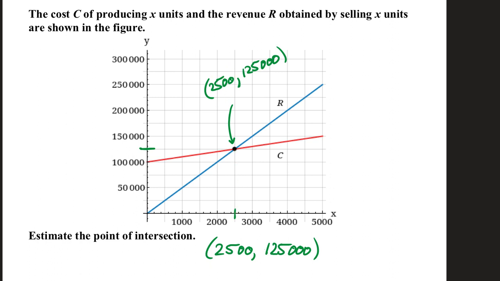That's accurate. The Y value, if we come over here, that's halfway between 100,000 and 150,000. So that appeared to be 125,000, and we all agreed on that. So our point of intersection is 2,500, comma 125,000.